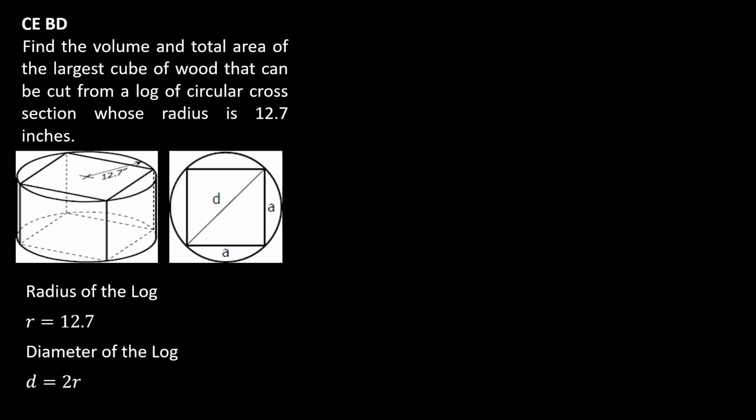So the diameter of the log is equal to 2 times 12.7, and that is equal to 25.4 inches. Definitely, the diameter of the log is equal to 25.4 inches.